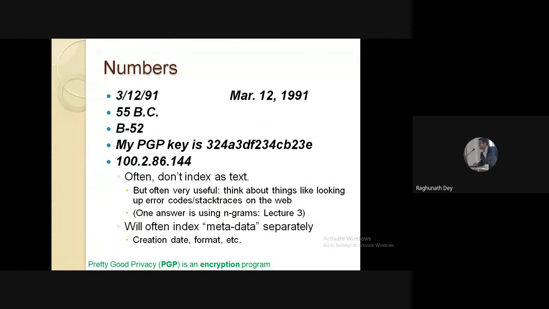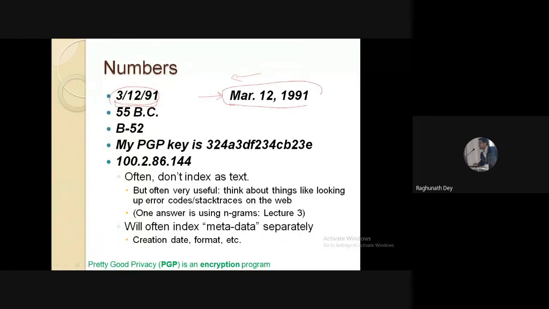Then come to numbers. Sometimes numbers are not easy to handle when building the indexing system or tokenizing. You have certain numbers with symbols, like 3/12/91. It's a single value. Its meaning is March 12, 1991. How to understand that whenever the user gives this input, the meaning is this, or vice versa.